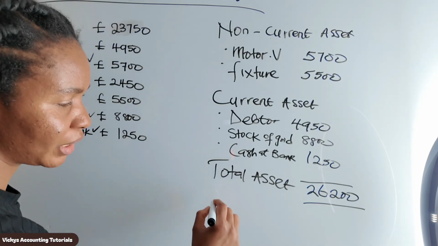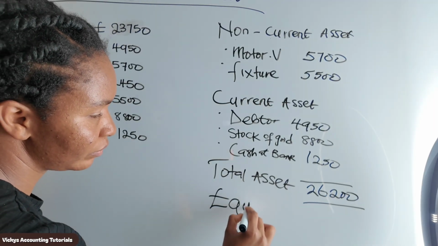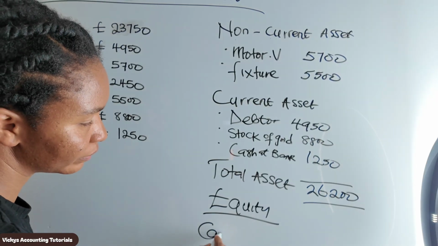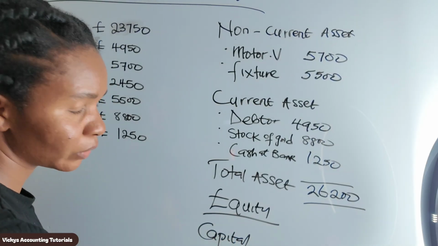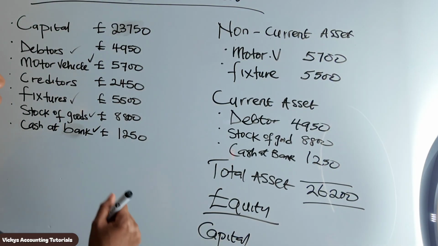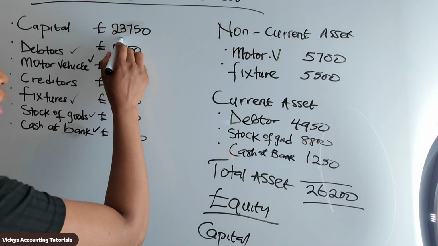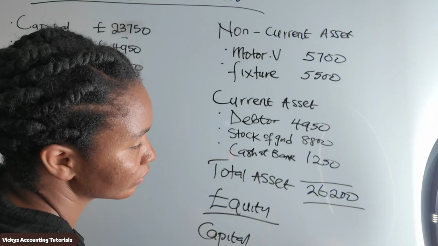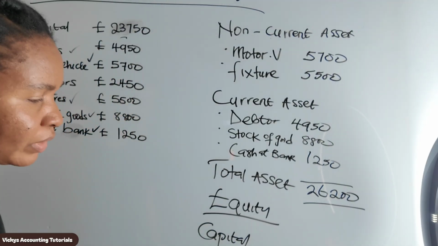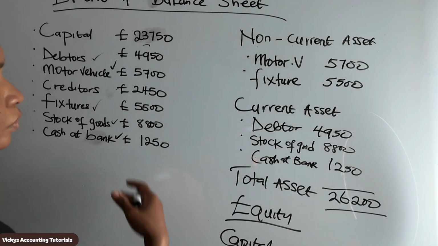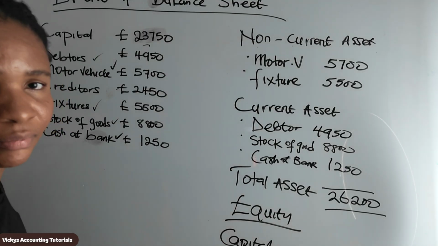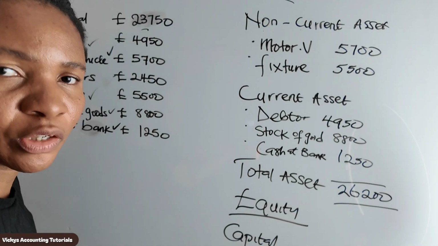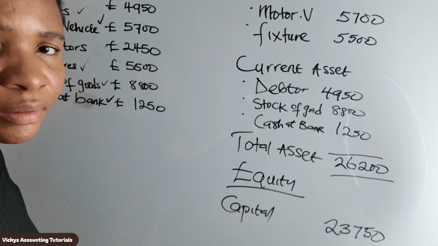So next is going to be our equity. Under equity we have our capital. So the capital, how much is it? 23,750. Okay, so is there any other thing within this list that can go under capital or equity? I don't think there is any other. So we're going to move on to our liability.